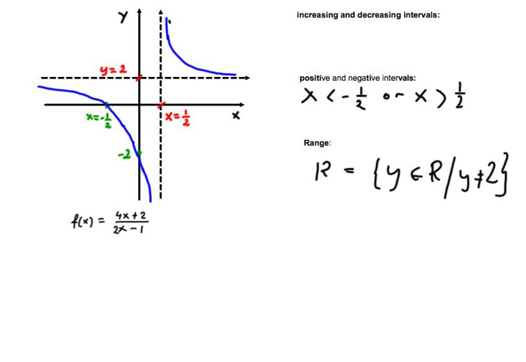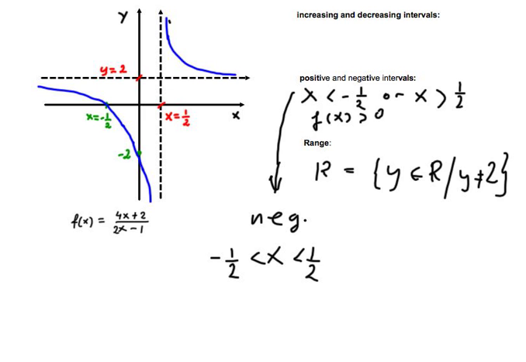For these 2 intervals, f of x is greater than 0. So the negative interval will be defined only between negative 1 over 2 and positive 1 over 2. This is where the graph falls below the x-axis. So x is defined in between negative 1 over 2 and positive 1 over 2, and this implies that f of x is negative.